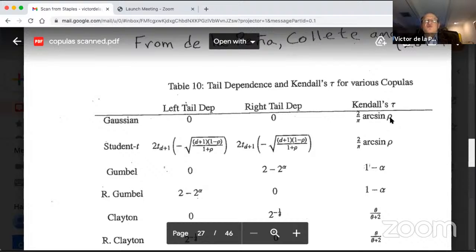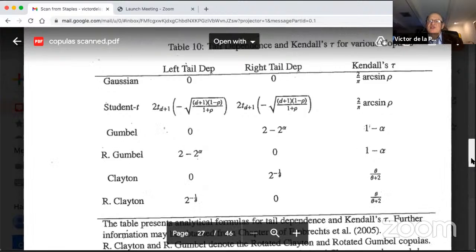Remember, the Gaussian copula is parameterized by rho. If you have a Student t copula, then Kendall's tau is also 2 over pi arcsine of rho. So you can do goodness of fit for your copula based on the value of Kendall's tau.